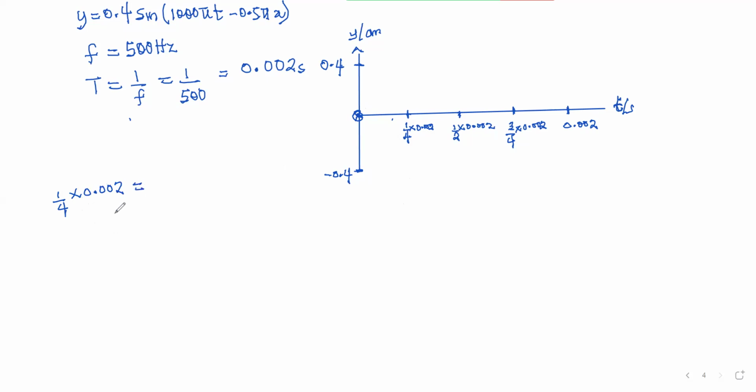What's the quarter of 0.002? Nathaniel and Co, hurry up. 0.0005.